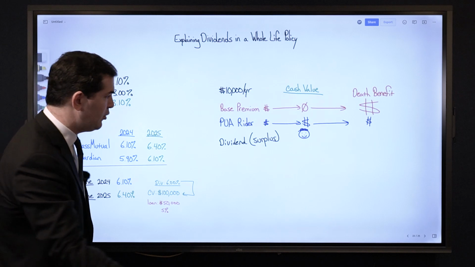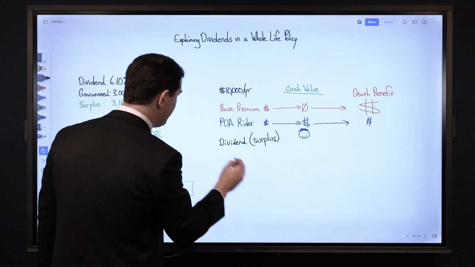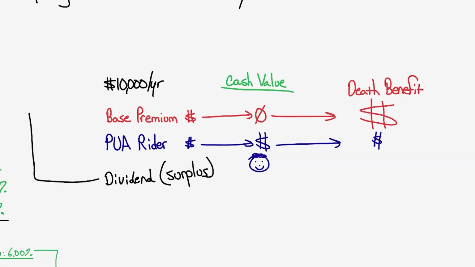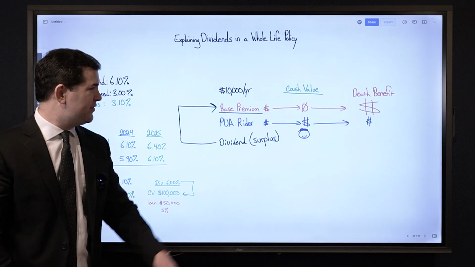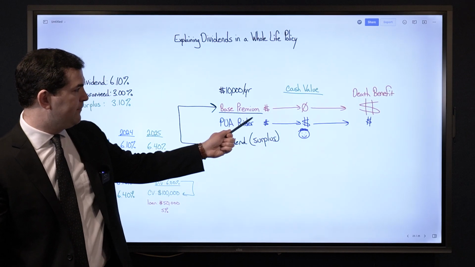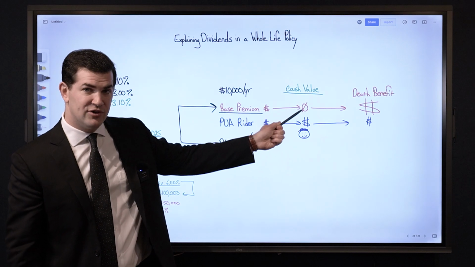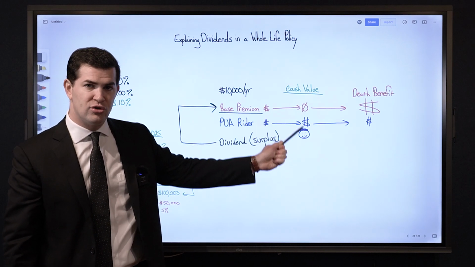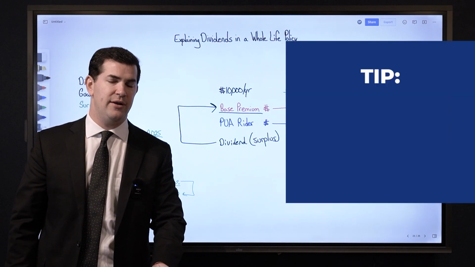That's the dividend column on a life insurance illustration. You will see a much higher dividend on the base premium dollars compared to the PUA dollars. So what this means is dollars that you pay toward the premium, you don't get any cash value up front. So you're slow off of the finish line.